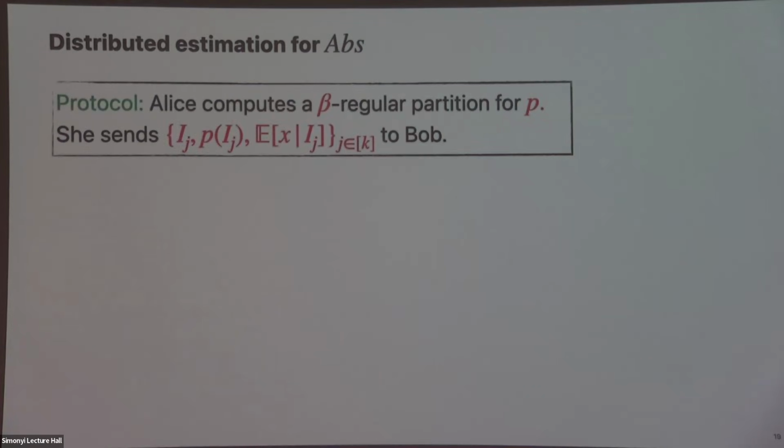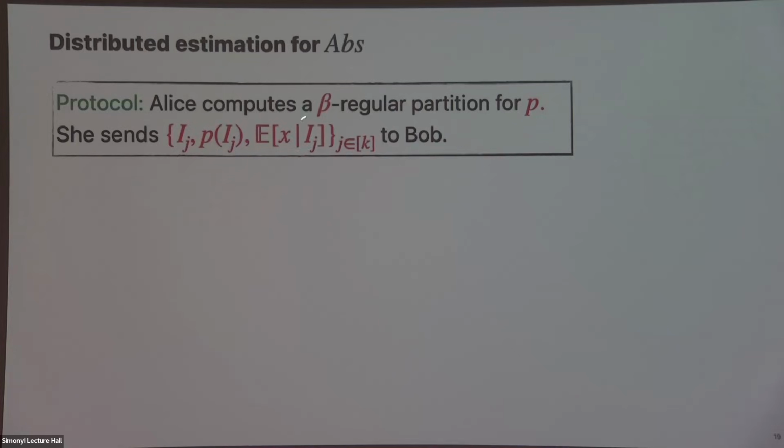Okay. So here's the protocol. Alice will compute a beta regular partition for P, and then she's going to send Bob, for every interval, the following things. Firstly, what the interval is, meaning what's the endpoint. What is the probability of this interval?